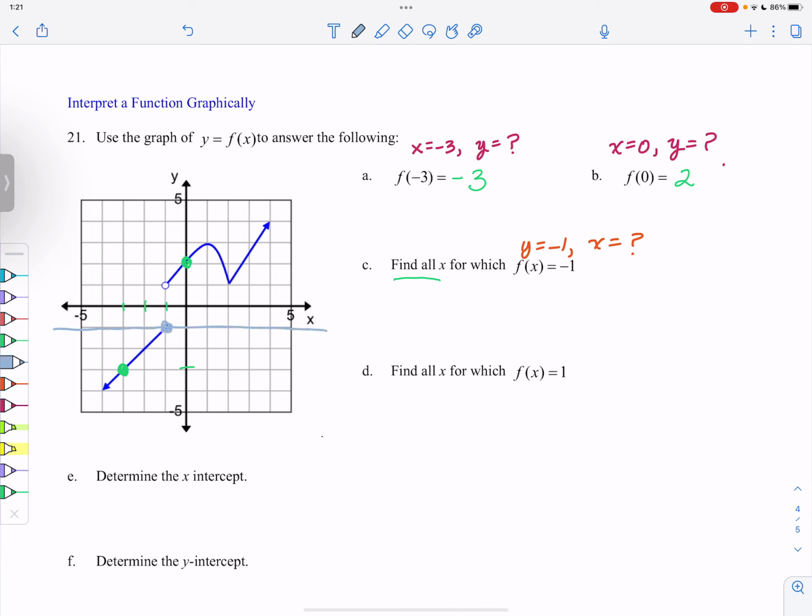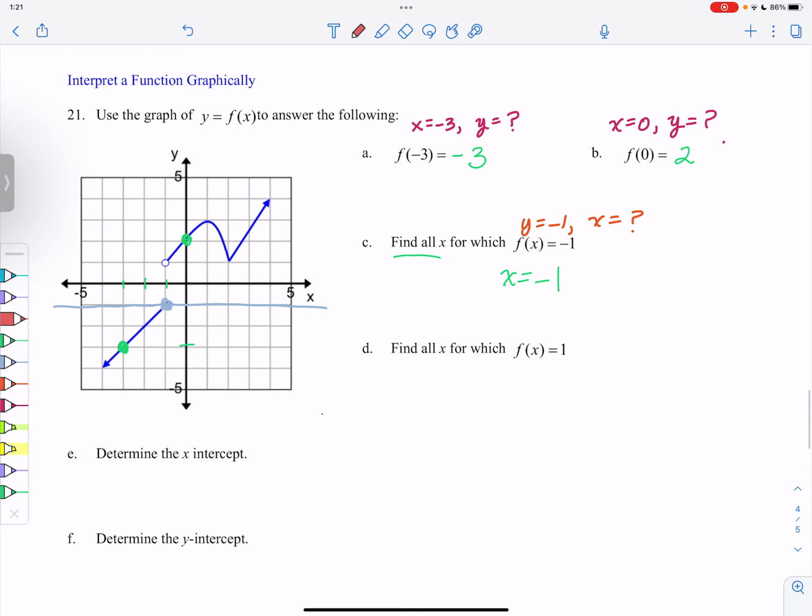And I only see this one point. And that point is when y is -1, x is equal to -1.